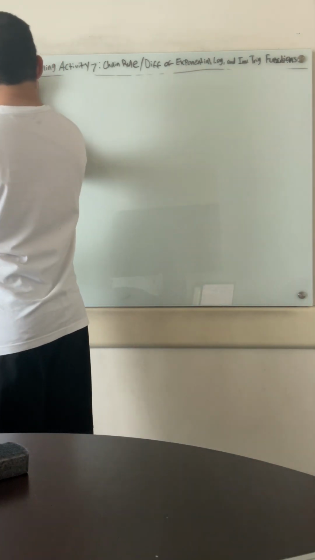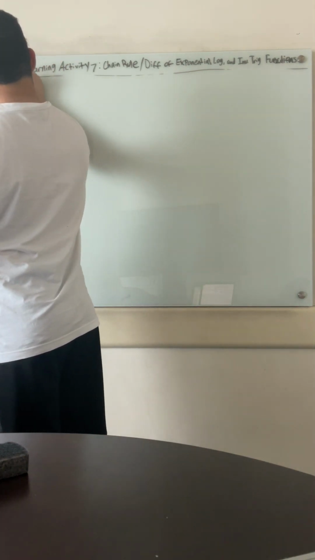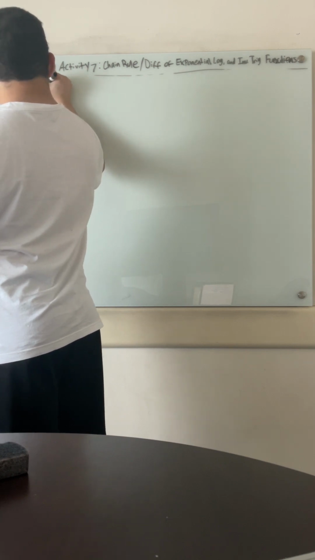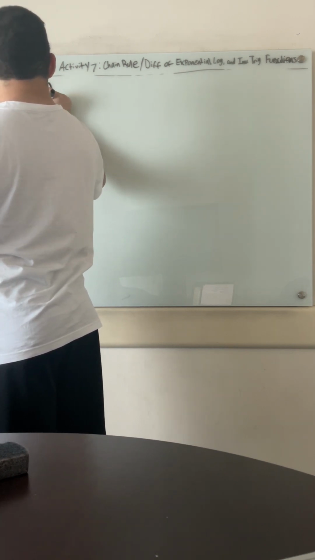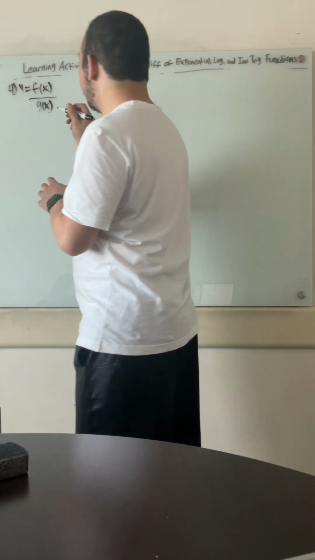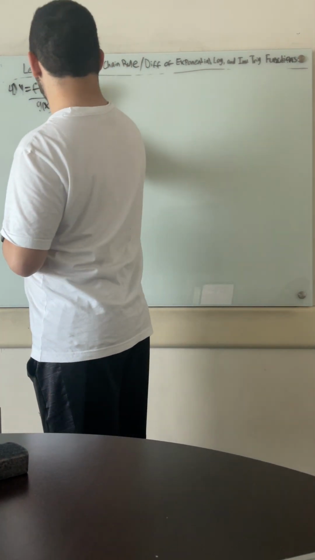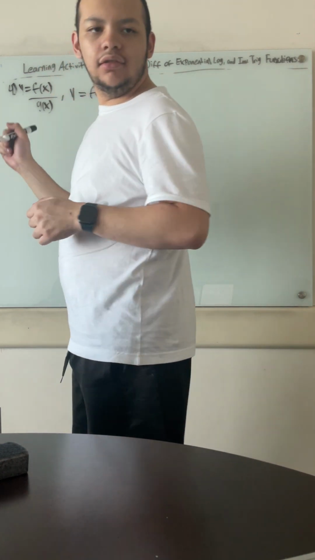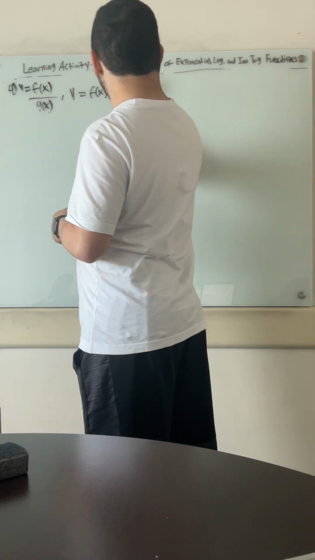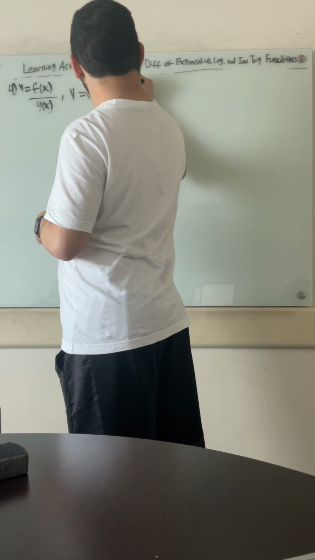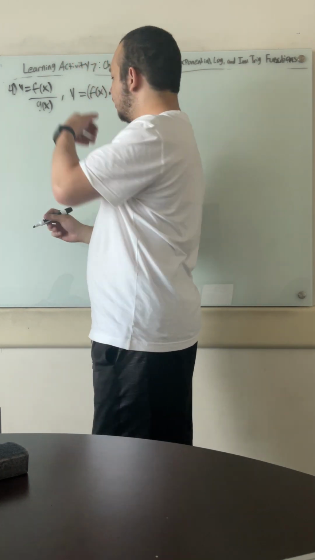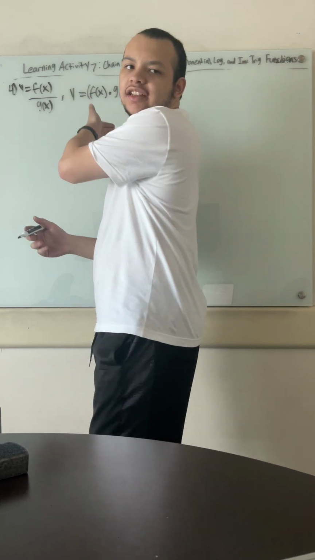So the function that we're given is y is equal to f of x over g of x. This is the same thing as saying y is equal to f of x times g of x to the negative 1 power, which is how you would write it in exponential form.